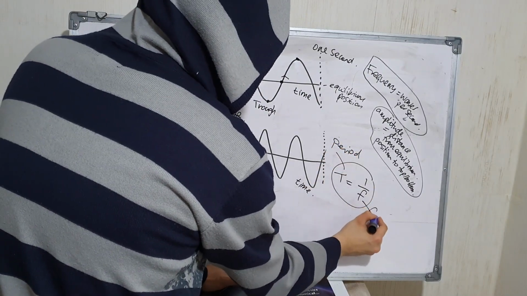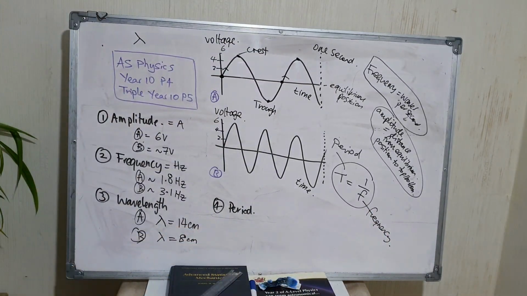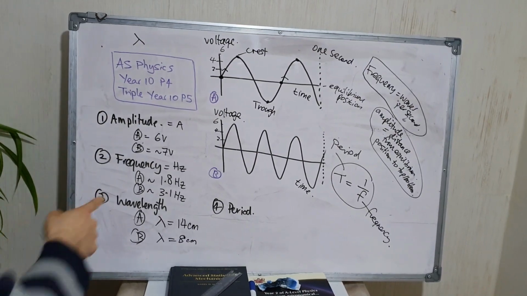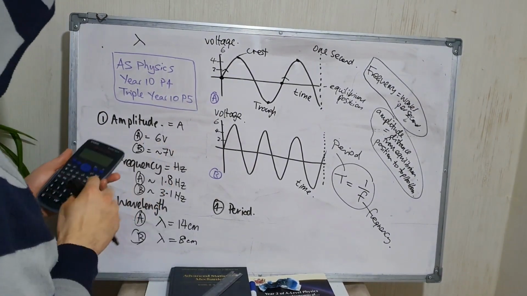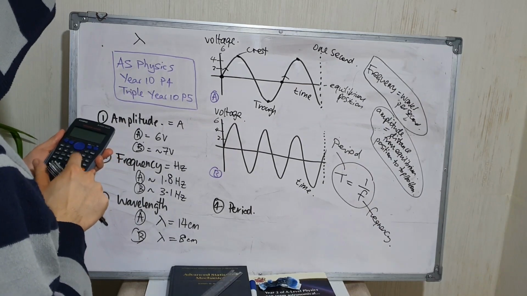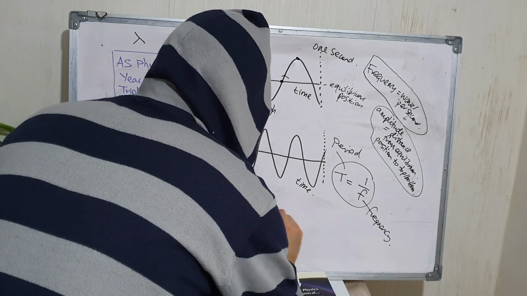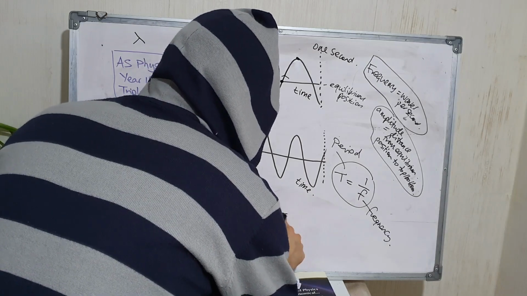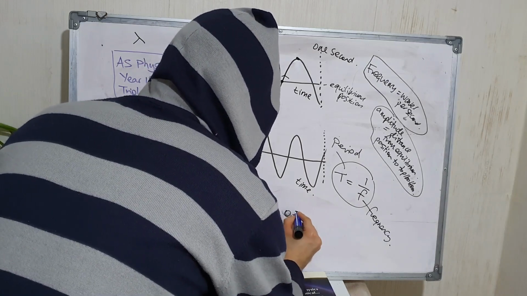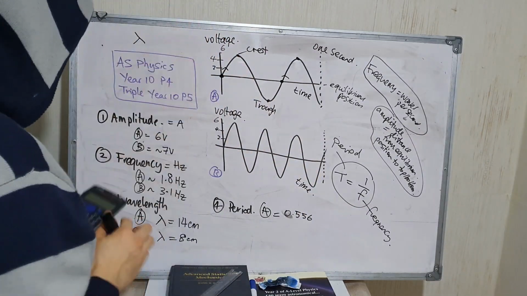If we get a calculator out, for the frequency of A, 1 divided by 1.8 gives 0.5 recurring. So for A, it is 0.556, to 3 decimal places.